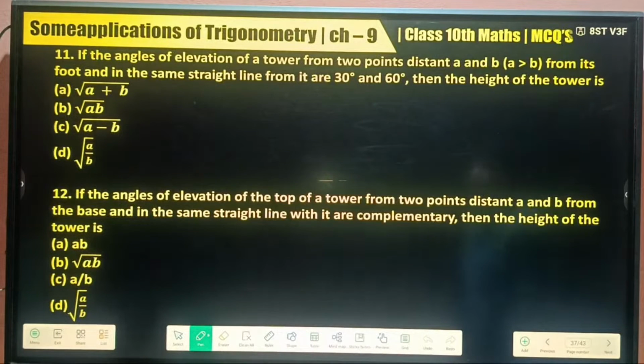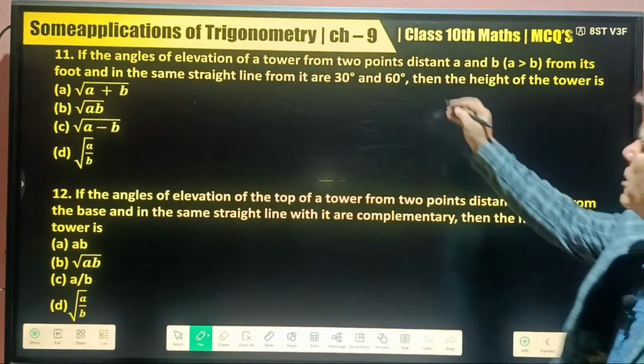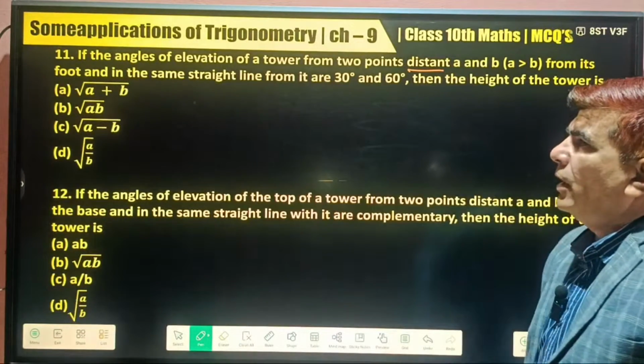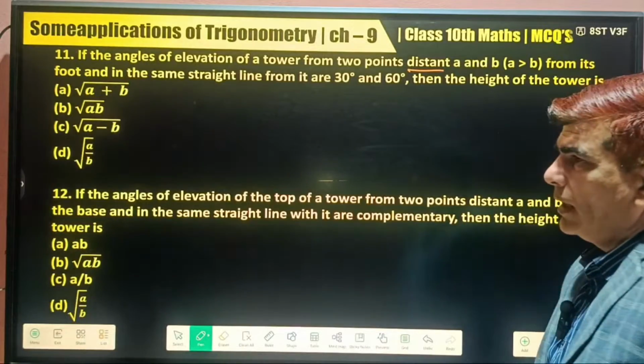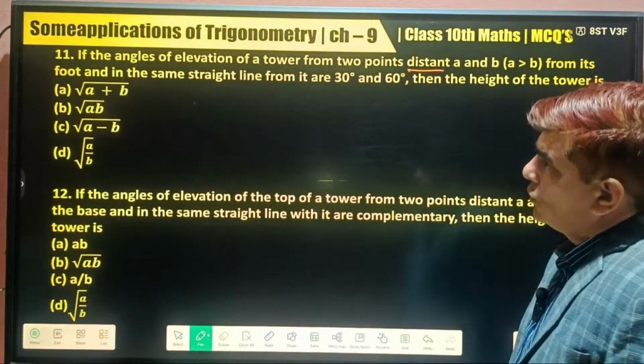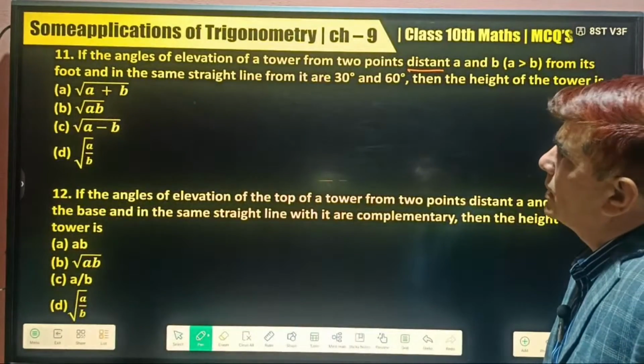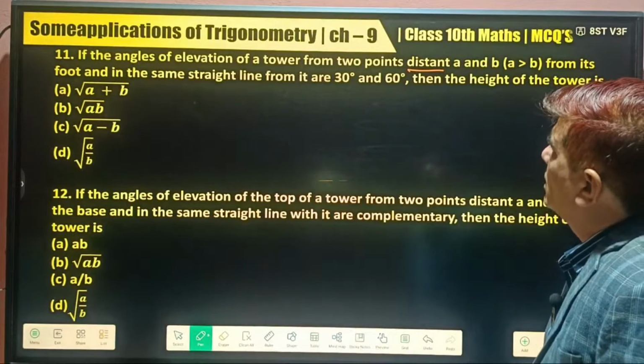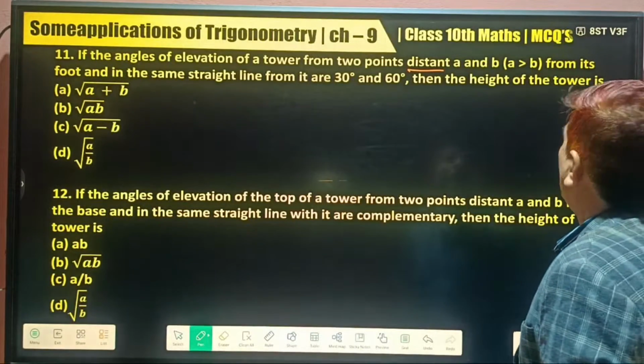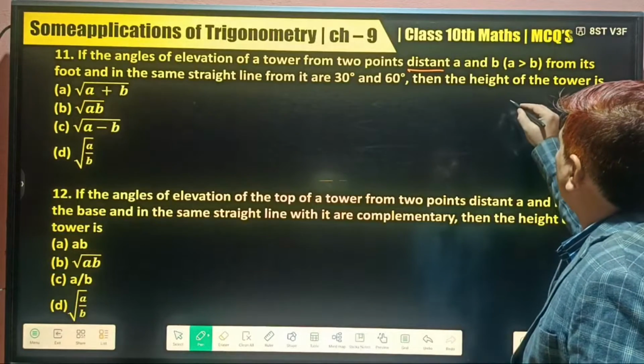Try to understand this. If the angle of elevation of a tower from two distinct points, A and B, where A is greater than B, from its foot and in the same straight line from it, are 30 and 60 degree, then the height of the tower is this.